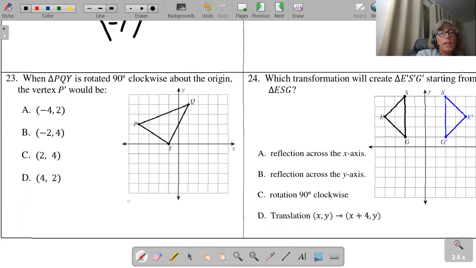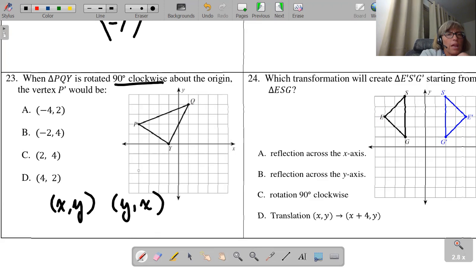When this is rotated about the origin clockwise, so to rotate 90 clockwise, you switch and you flip the sign to the right. Let me explain.